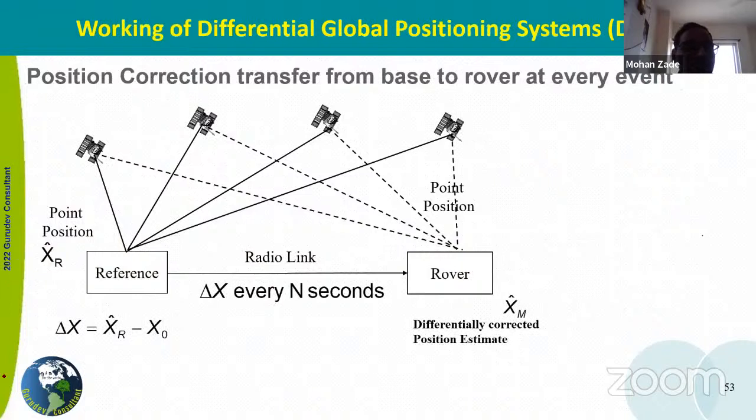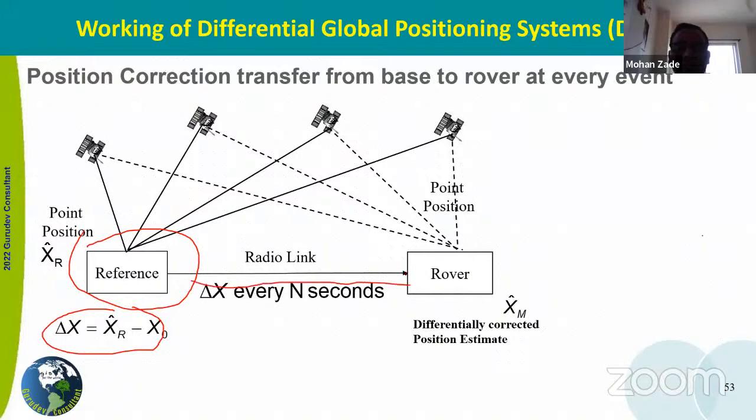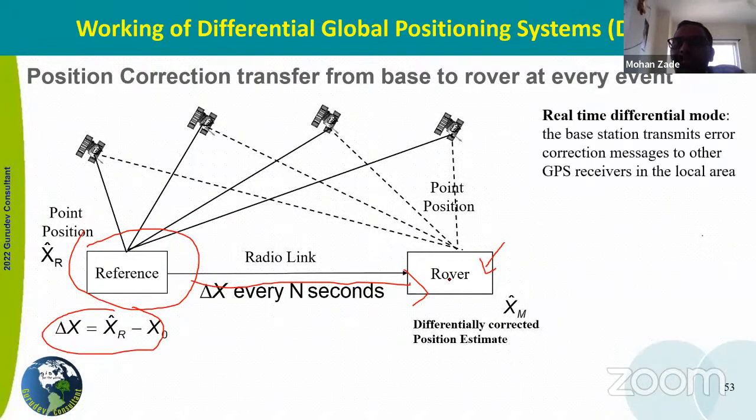Using the reference from the base station, the difference is transmitted to the rover, and the difference is added to the recorded measurements to get accurate measurements. This is why it is called differential GPS. It records the difference and then sends it to the rover for accurate measurements.